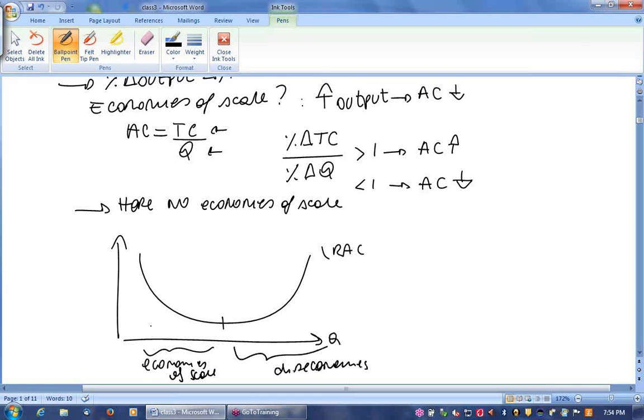So as you increase the quantity in the first part, you are decreasing the cost. And then starting from point A on, increasing the quantity, you increase the average cost. So economies of scale at the beginning and diseconomies after. Okay, and this A would be your minimum efficient scale, as I said last time. Okay? Other questions?